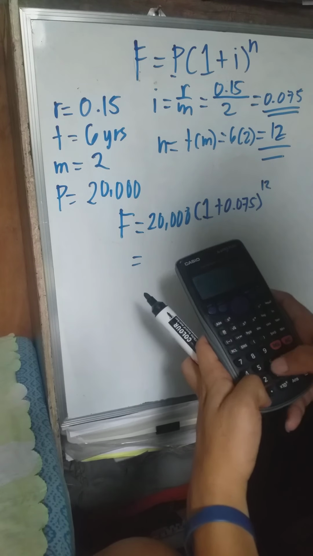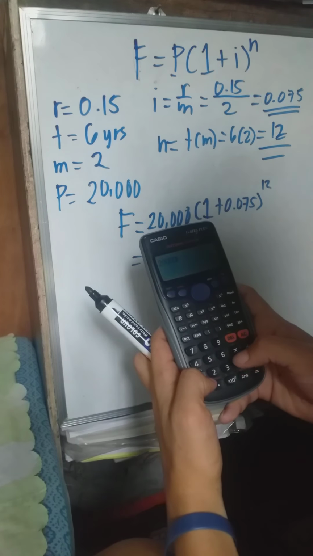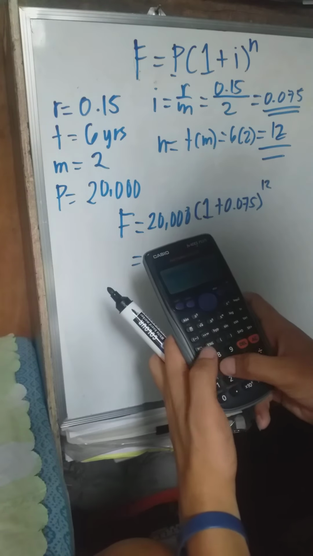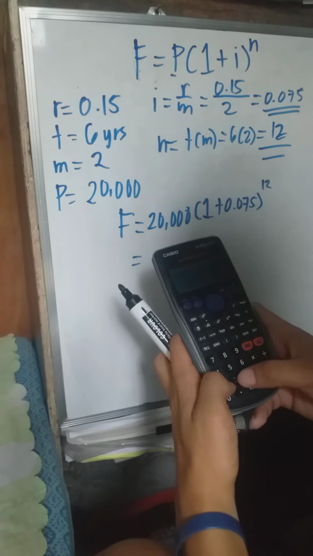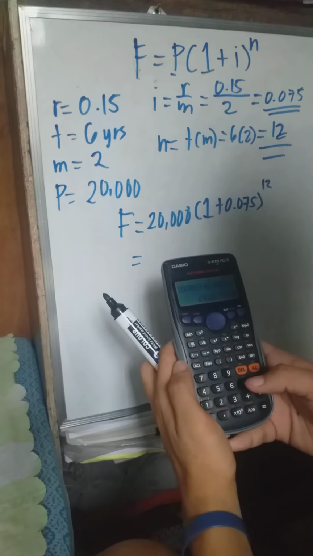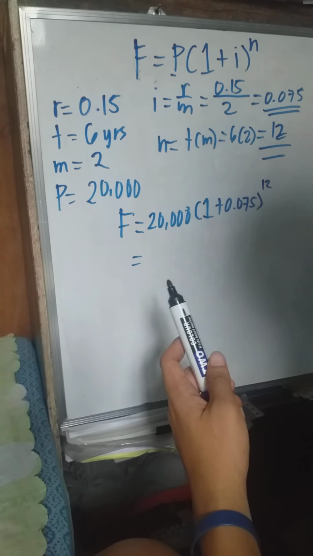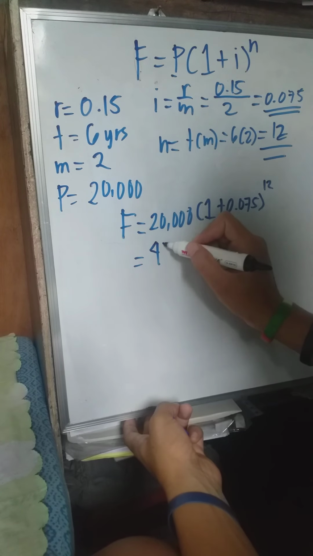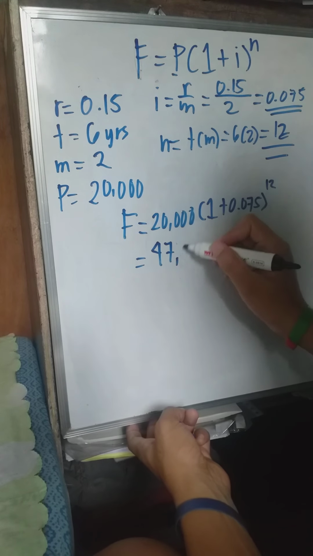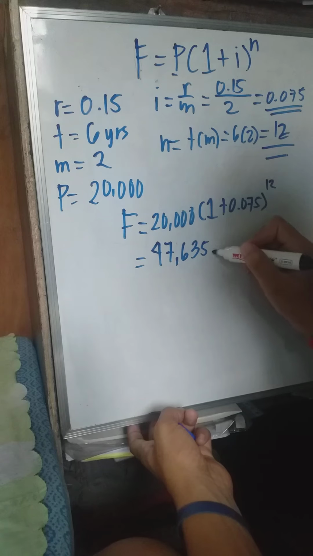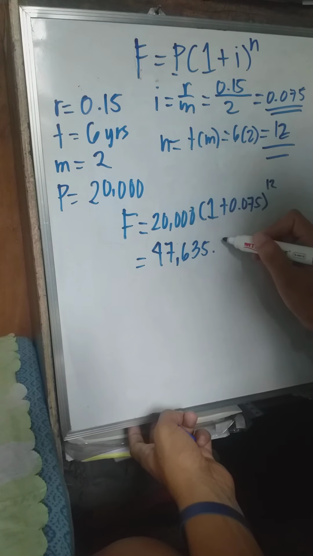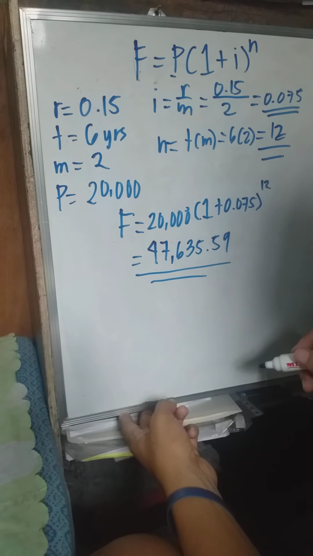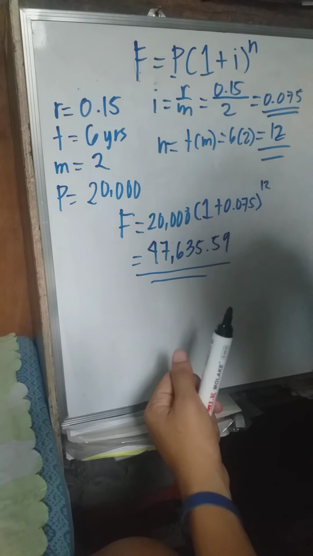So, F is equal to 20,000 times the quantity of 1 plus 0.075 raised to 12. So, the answer is 47,635.59. So, this is the answer in problem number 2.